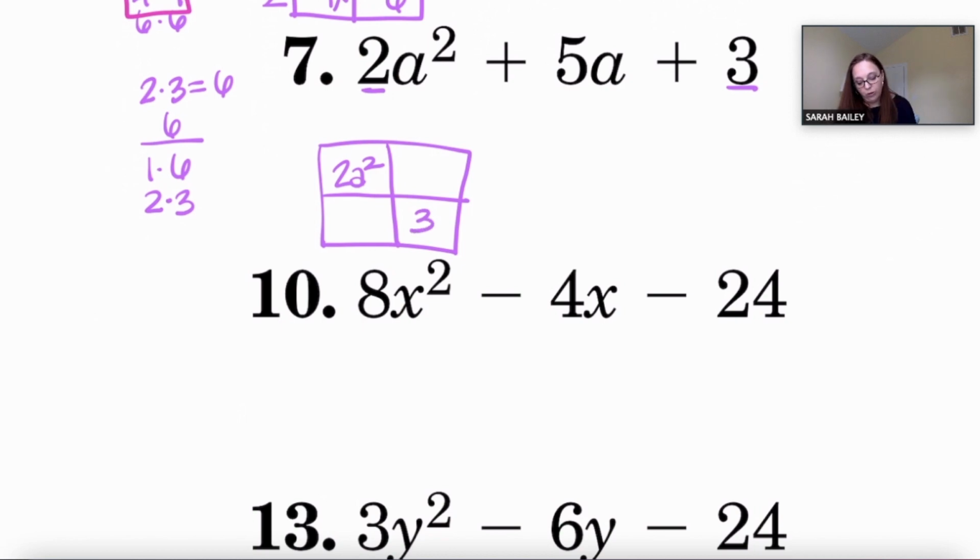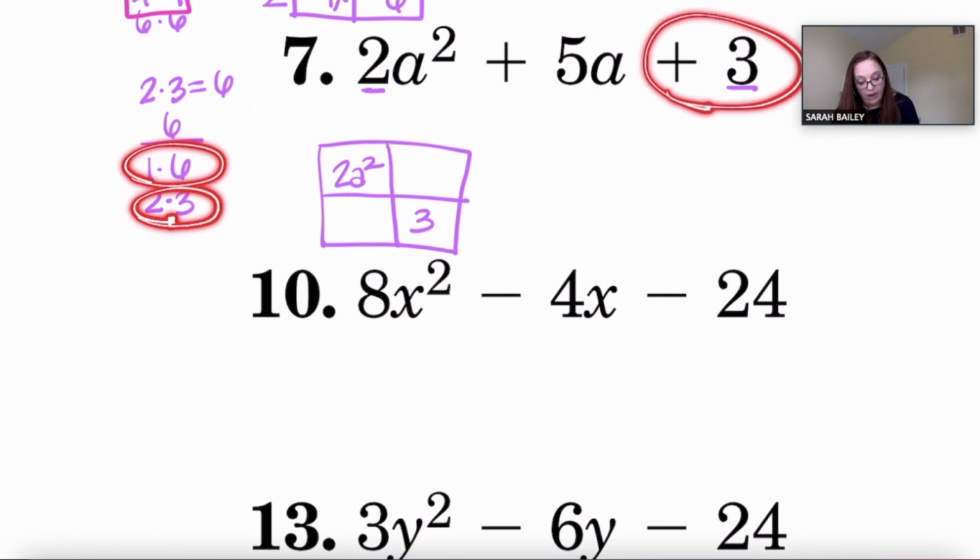Okay, and we're trying to look for a pair of factors that gives us a positive 5. So we need to be careful because we can get a positive 5 by doing negative 1 plus 6 or positive 2 plus positive 3. Either one of these can give us a positive 5, but we want to multiply so that we have a positive over here.